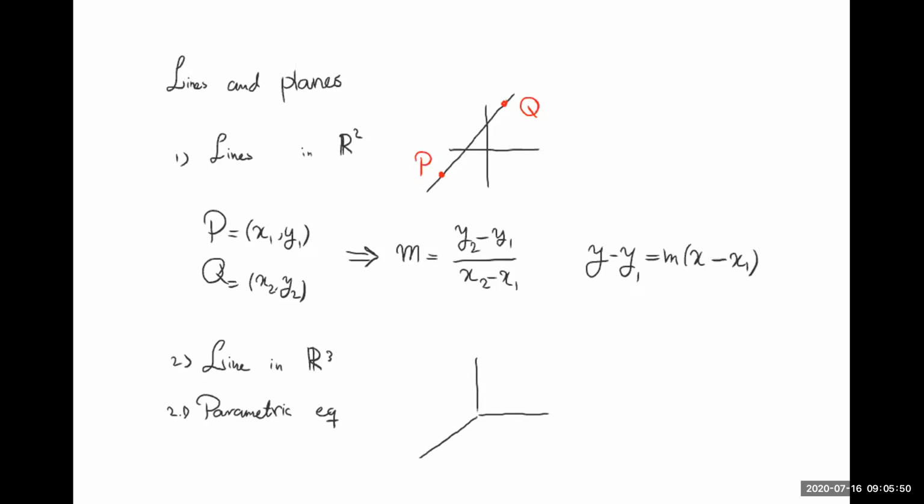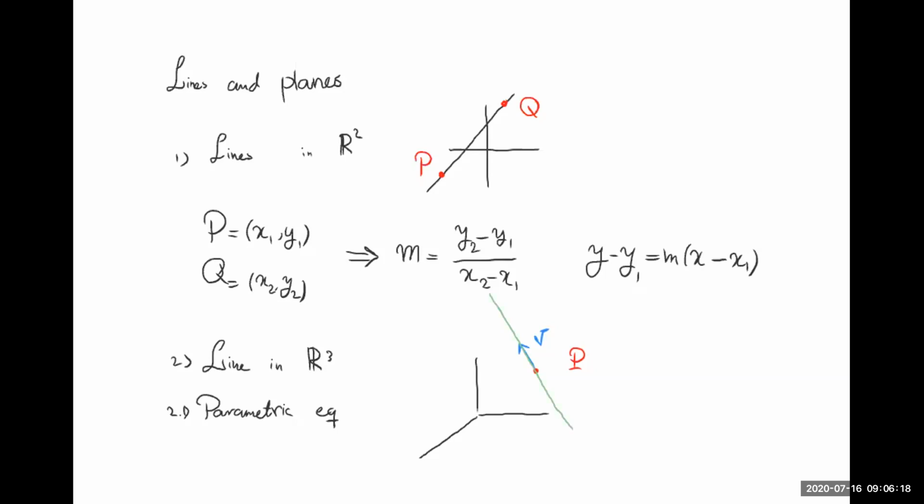In the parametric equation, we have a point, say P, and we have a direction, say V, and we are looking at the line which passes through P in direction of V. So it's like this. This is going to be our line.